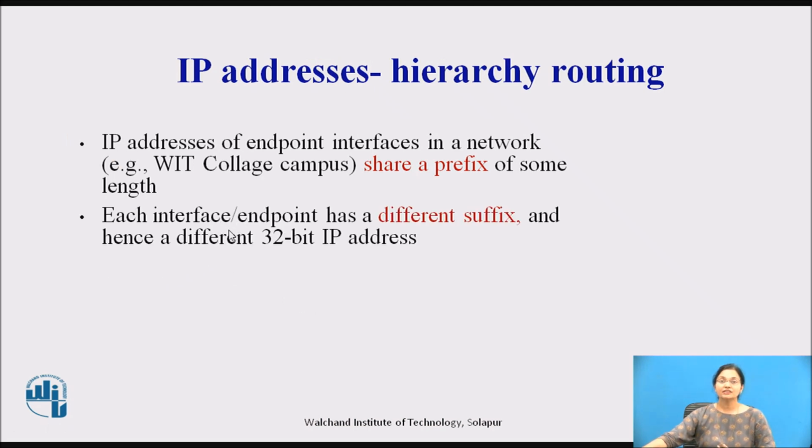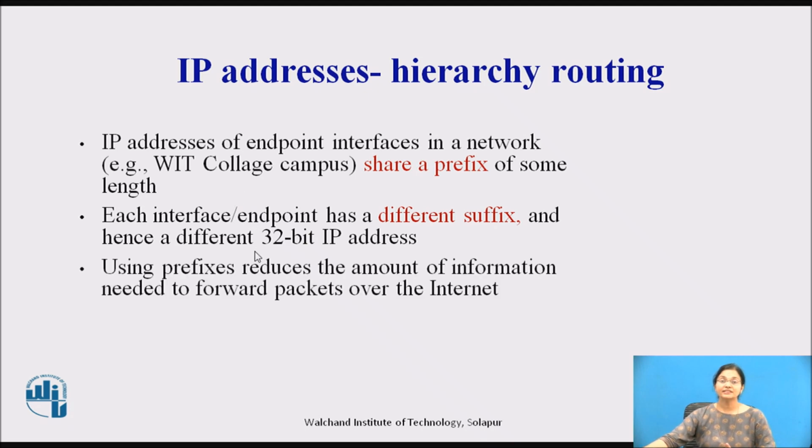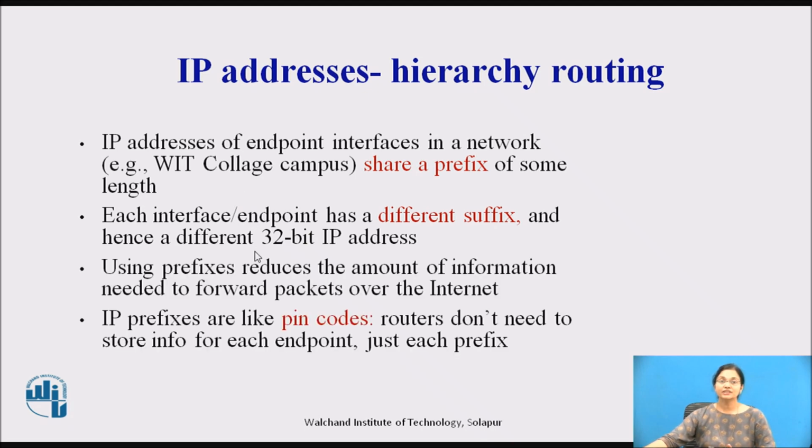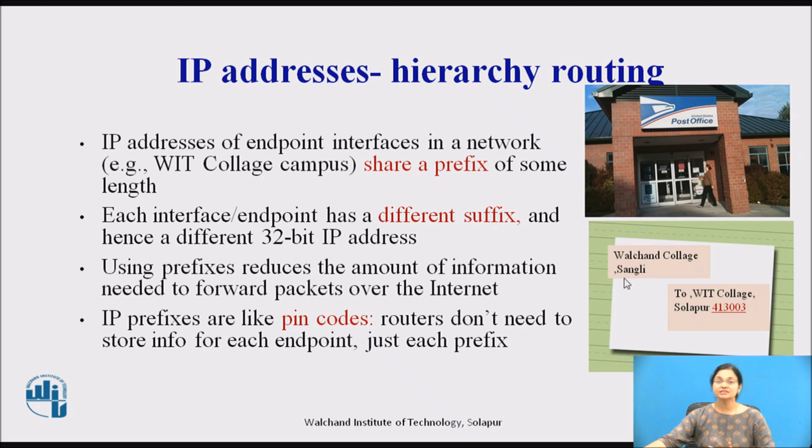Here we are considering the WIT college address of some length. In the 32 bits, it will have different addresses. It is the same as our pin code address. Now, from Walchand College Sangli, some message is sent to WIT College Solapur.